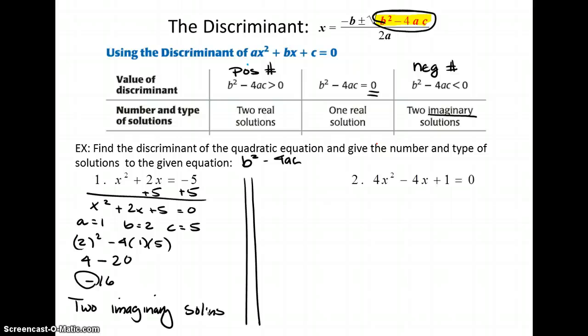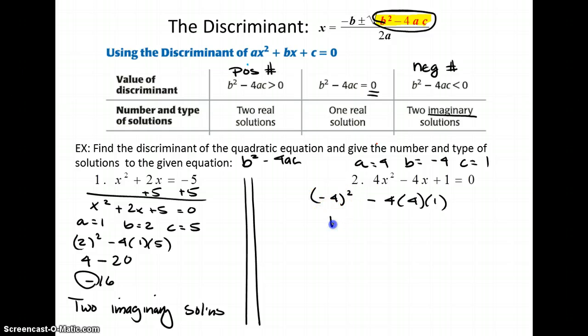For the next one, try it. You know that your a is equal to 4, your b is negative 4, and your c is 1. b squared minus 4ac. Remember that. So this is going to be negative 4 squared minus 4a, which is 4, c, which is 1.